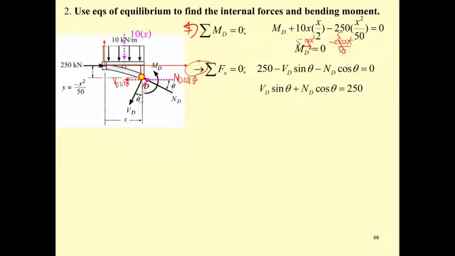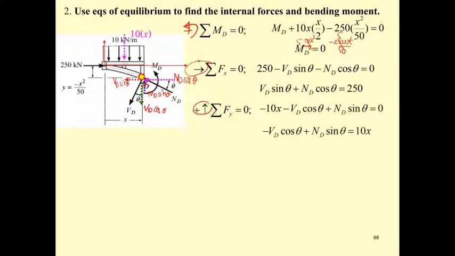So what we have is the force like this one, the blue is going to be N sub D sine theta, and this is going to be V sub D cosine theta, and V sub D cosine theta has the same direction as 10 times x and is in the opposite direction. So we will have N sub D sine theta minus V sub D cosine theta and minus 10 times x, and then you get this.